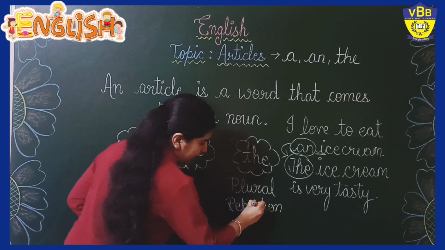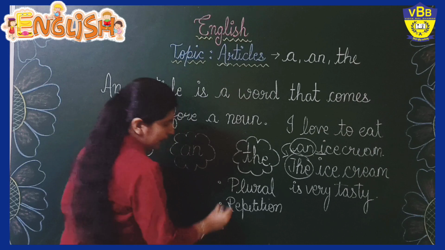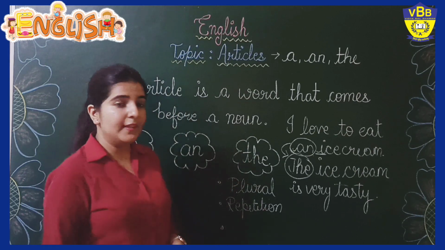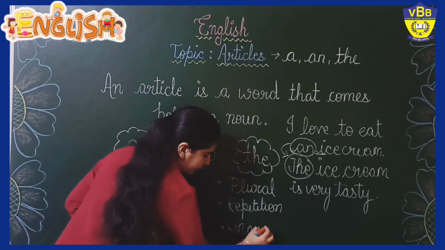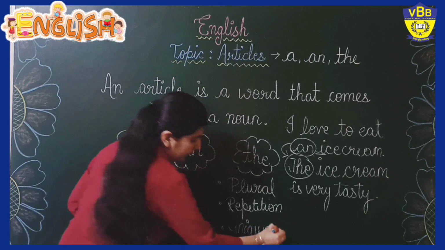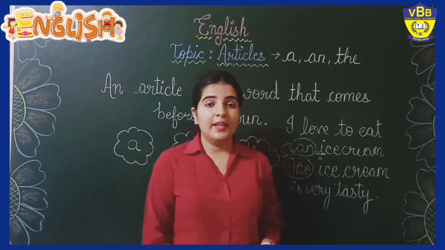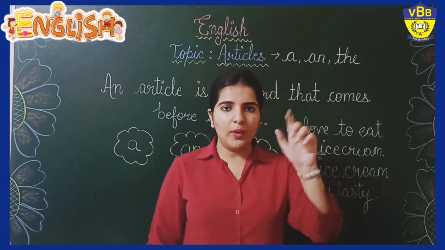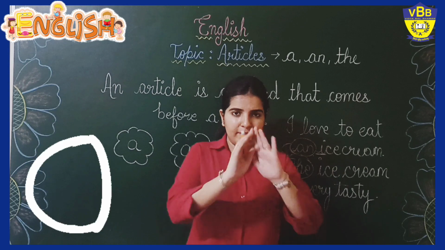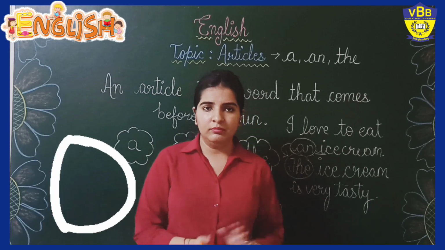Now the third thing where we use the article the is with the unique things. With the unique things like the moon. If I talk about the moon, the moon is only one, right? Have you ever seen anything like the moon?